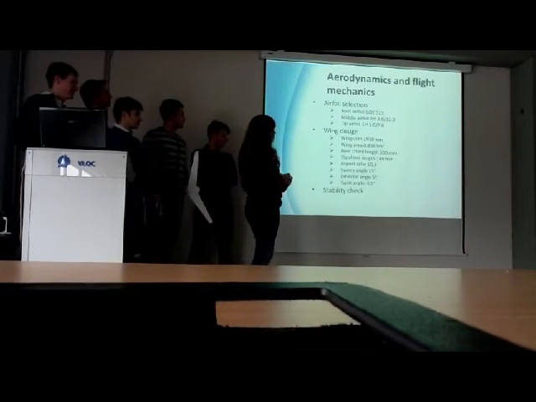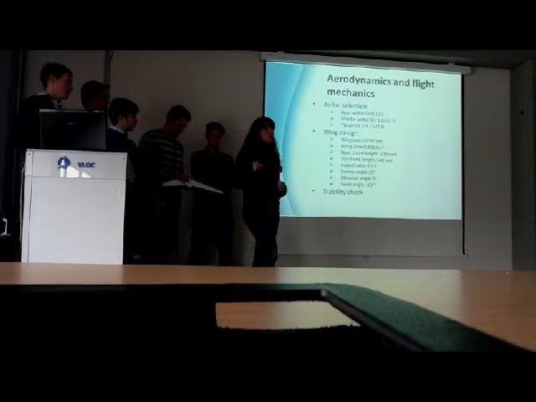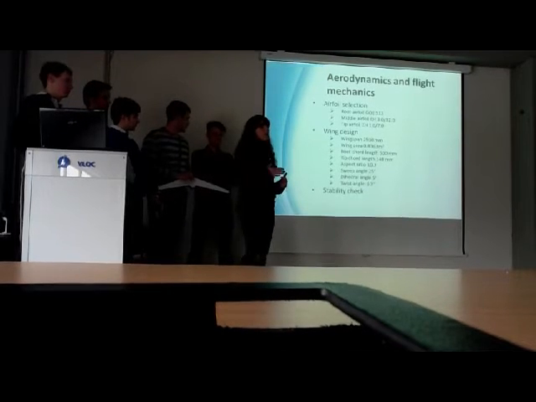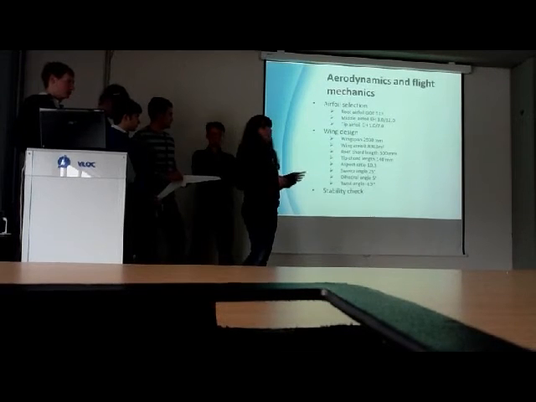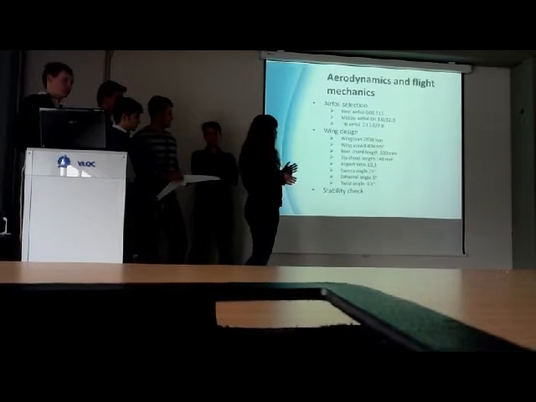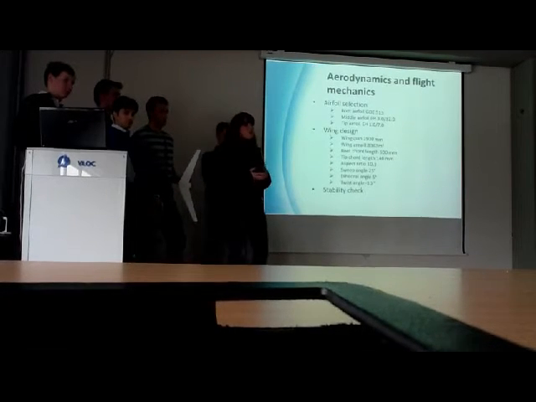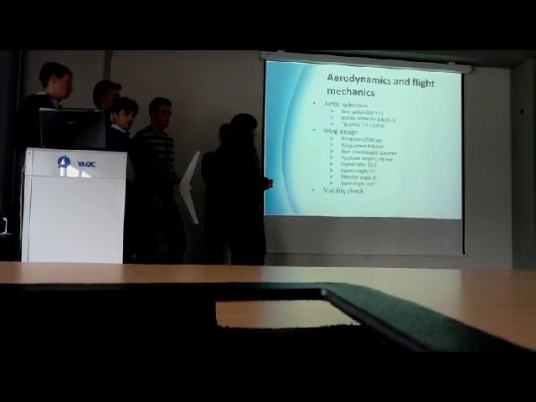And also we have a twist angle, so that we have negative lift on the tips, which will provide longitudinal stability. The sweep angle makes the tips farther from the center of gravity, so you get a bigger torque.